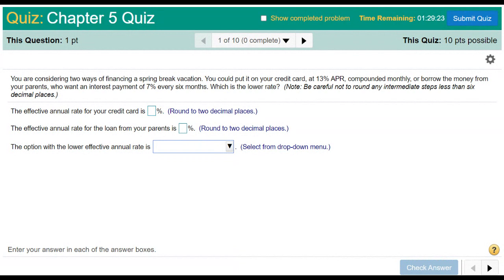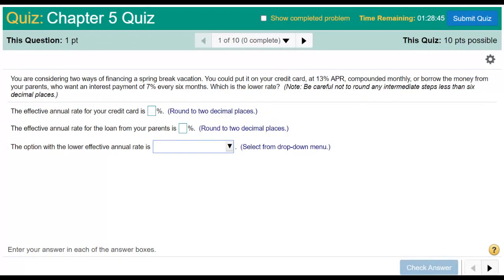So first thing we're going to do, remember the formula? We're going to say 0.13 divided by 12 plus 1, the exponent of 12, minus 1.